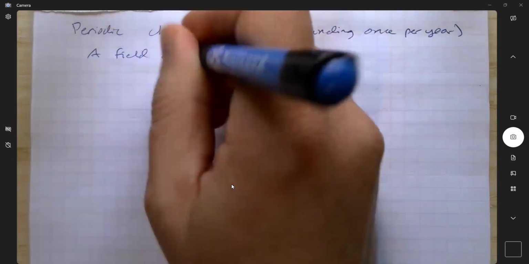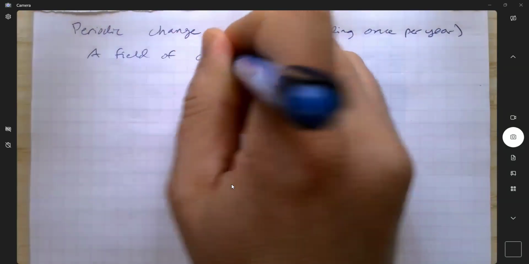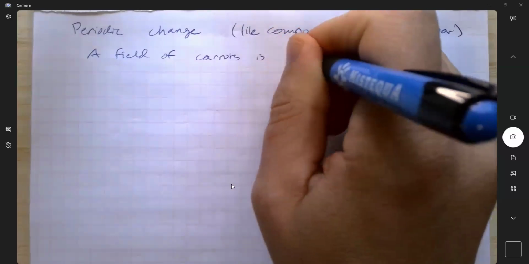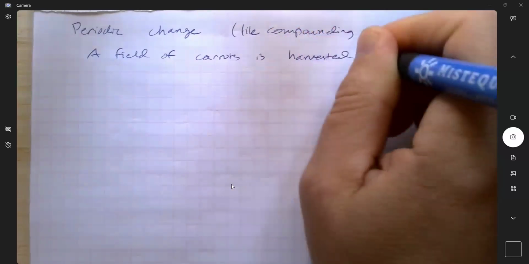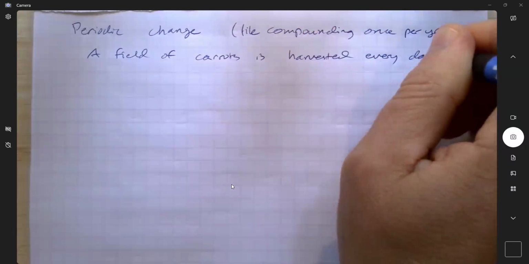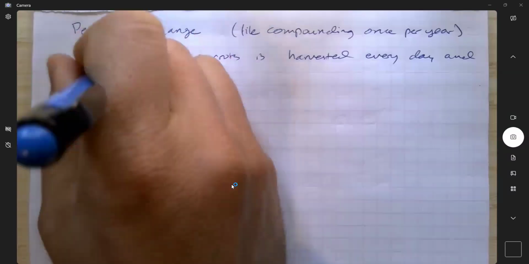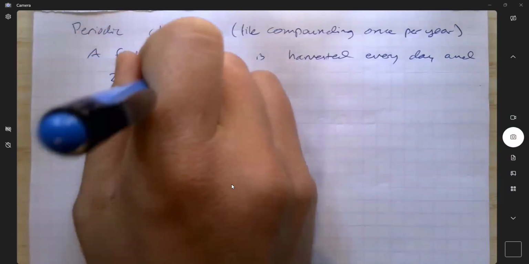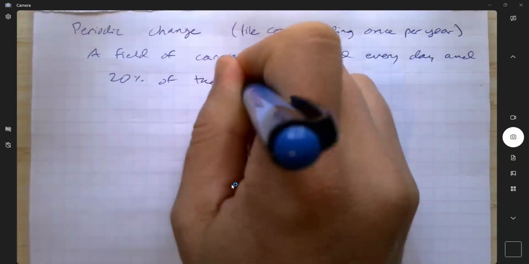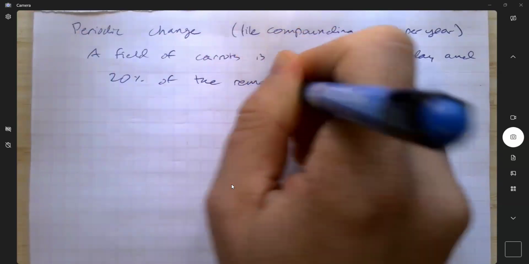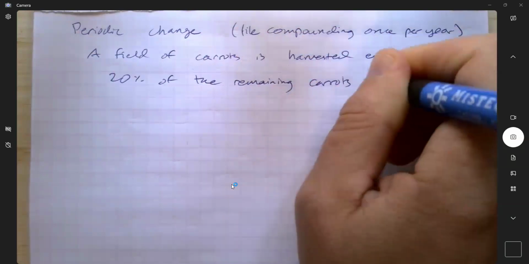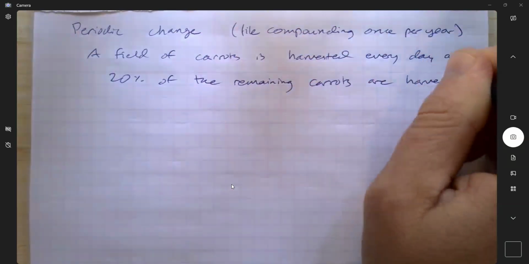A field of carrots is harvested every day, and 20% of the remaining carrots are harvested.